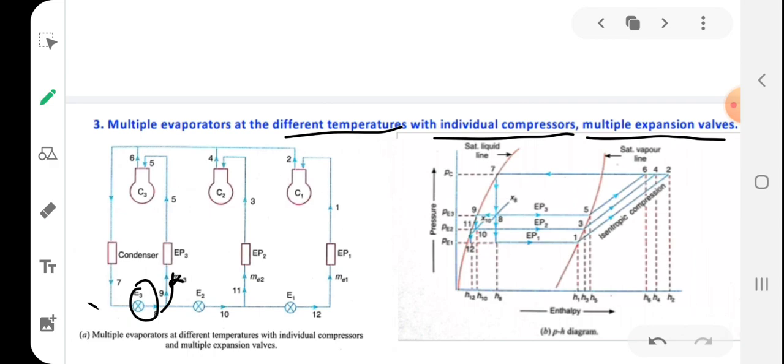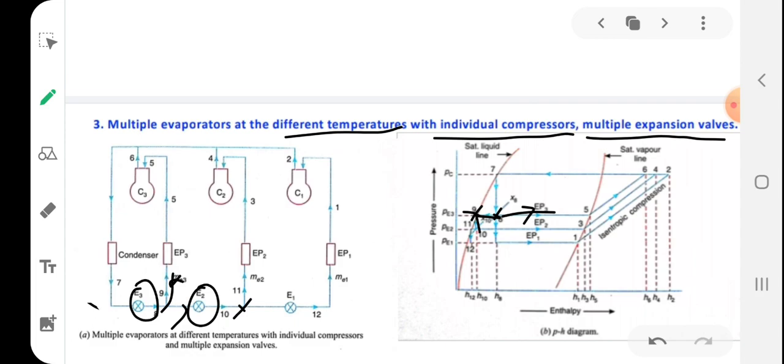The remaining refrigerant then flows through the next expansion valve E2, where its pressure gets reduced. The remaining will be in liquid form, so splitting takes place. One moves in this direction to EP3, and the other moves to E2, the second expansion valve. Here the pressure again gets reduced from PE3 to PE2.